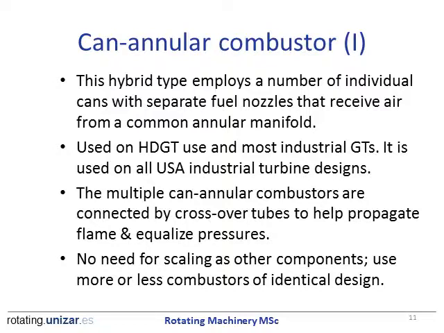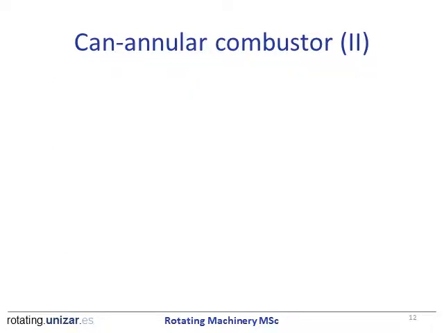If you are going to a larger gas turbine, just put more of these combustors. So this is a good advantage of this type of combustor. The advantages of can annular combustors are significant, and this is the reason they are becoming more and more popular. Well, they are strong, and replacing them is quite easy.